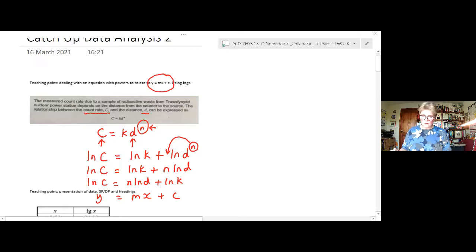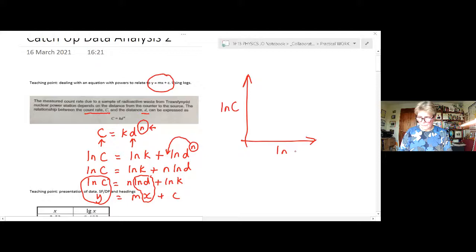So to get a straight line then, we plot log c on the y-axis and log d on the x-axis. So we get something that looks like this, log c, log d. And we have there that the gradient m is equal to n. Take a nice big gradient. So m is equal to n, the constant.